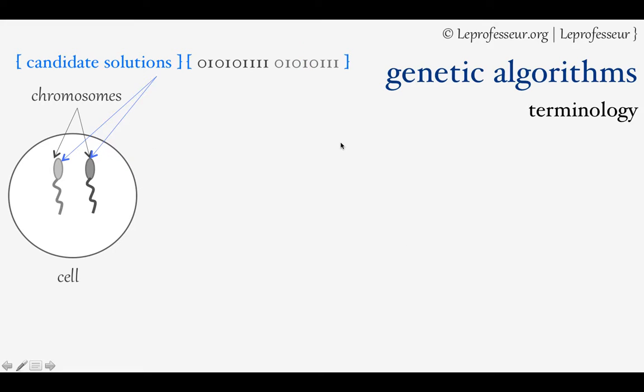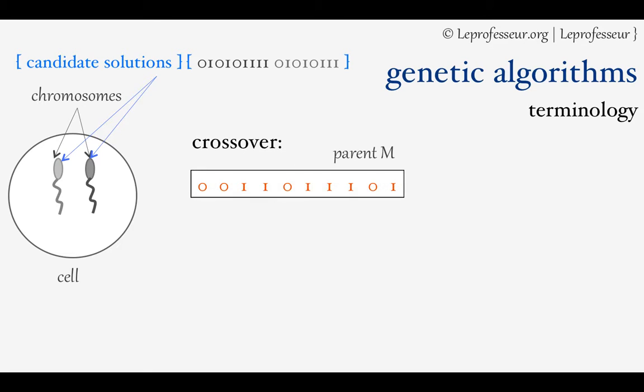So let's try to understand how crossover works. Let's say we have a string or a chromosome of a parent M and another string of 1s and 0s, or a chromosome from parent F, and we want to do crossover. Crossover, you may think of, in other words, as how to generate a new population.